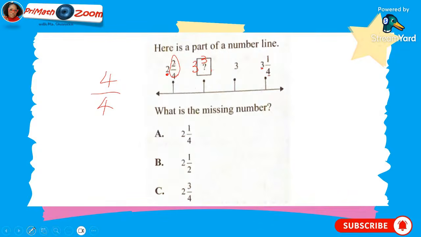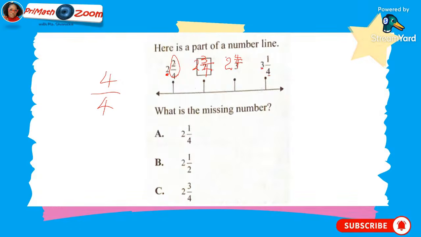Not 3 there. My mistake. Let me erase that. I would put 2 here, because it's already 2 wholes. But now I would say this would now be 3/4. That's what I will think. And then if I continue, I will have 2 here, and this 3 will now be 4/4.